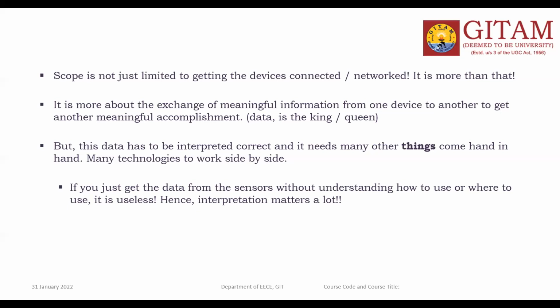Suppose some kind of data came from the sensor. If the embedded system does not understand the data, then what is the use? As I told you, if a smoke detect sensor is there, the sensor will detect the smoke and the signal is given to the processor. The processor will process, and based on the data, it can supply the control signal to the water tank control valve, so it will open or close.